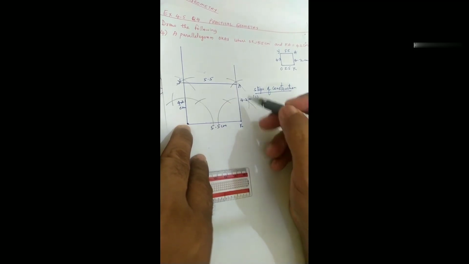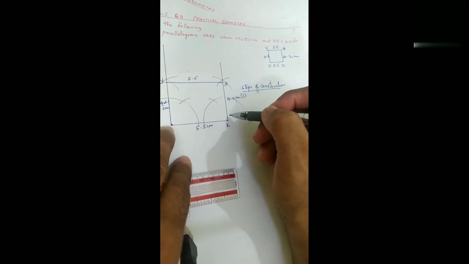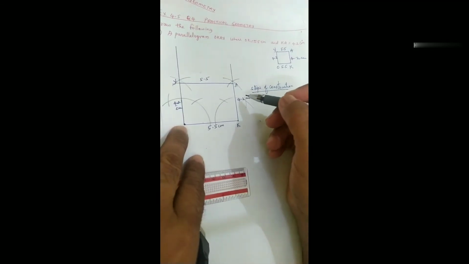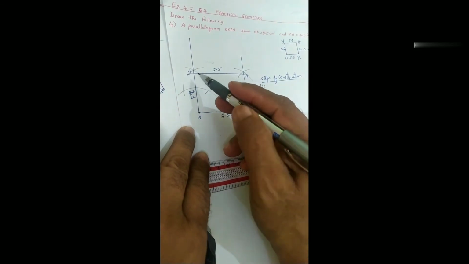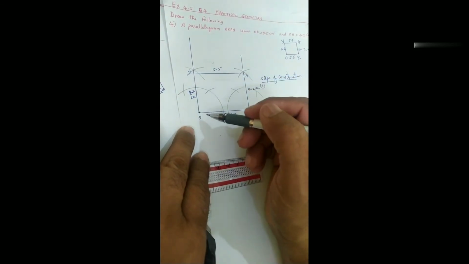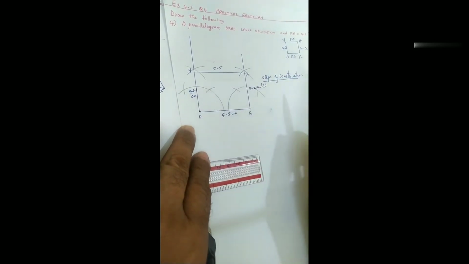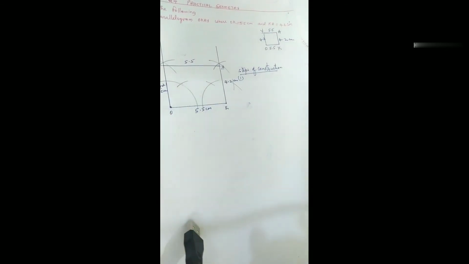Then take 4.2 centimeters on a ruler and put an arc on the angle, that is angle K, 90 degrees, and then again from O take 4.2 centimeters and put an arc on angle O equals to 90 degrees and join O and Y and A. So these are the steps of construction.